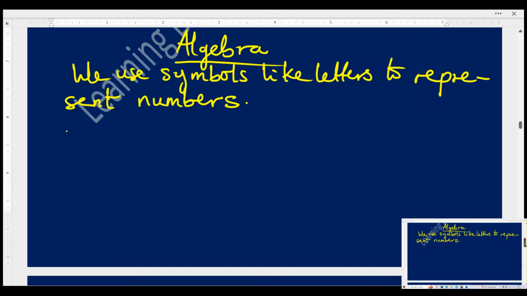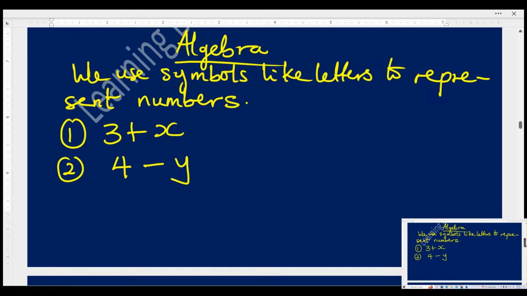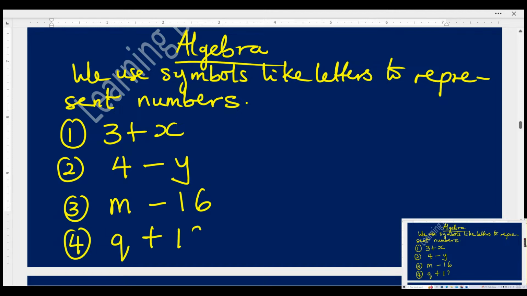Now look at an example of this. This is an algebraic expression. 3 plus x is an example of an algebraic expression. 4 minus y is an example of an algebraic expression. M minus 16 is an algebraic expression. Q plus 12 is an algebraic expression.